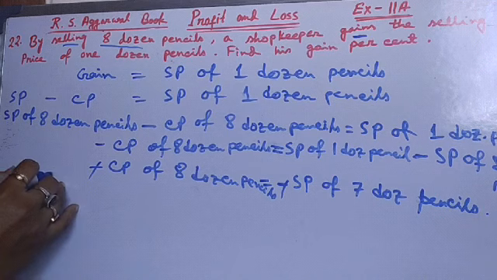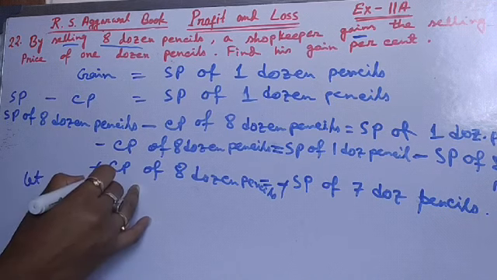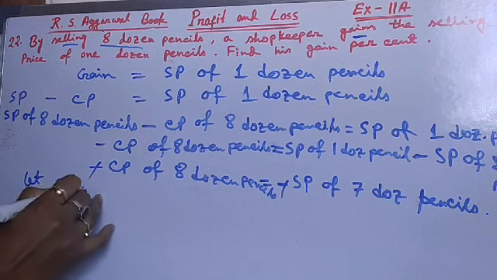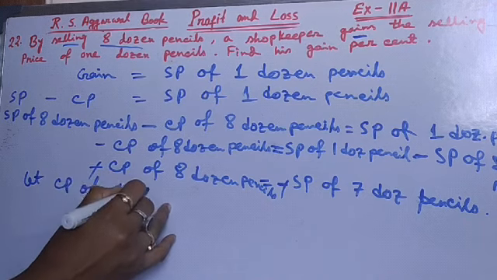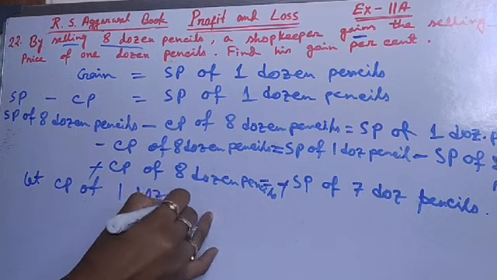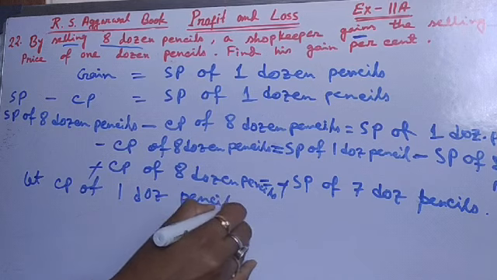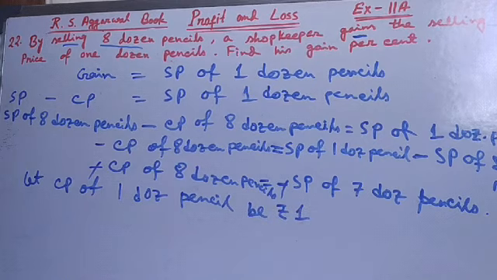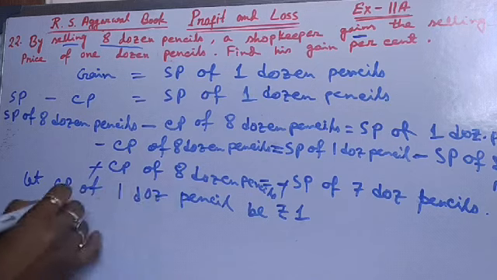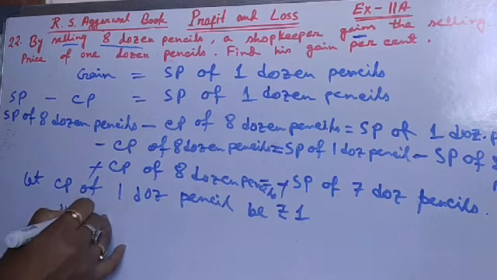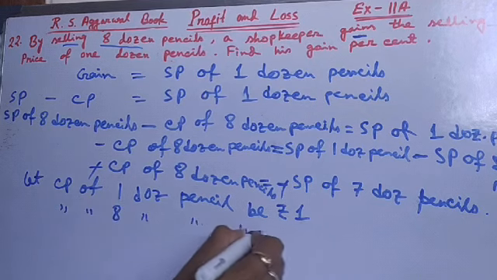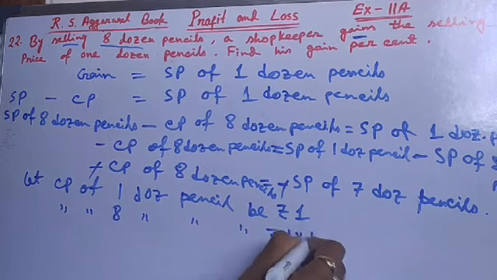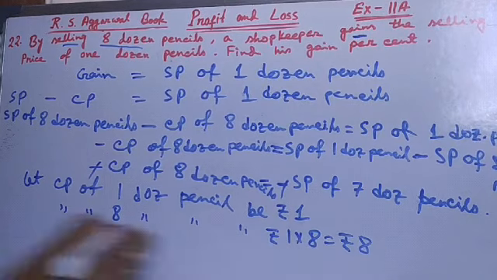Let CP of 1 dozen pencil be rupees 1. Then what will be the CP of 8 dozen pencils? CP of 8 dozen pencils is rupees 1 into 8, that means rupees 8.